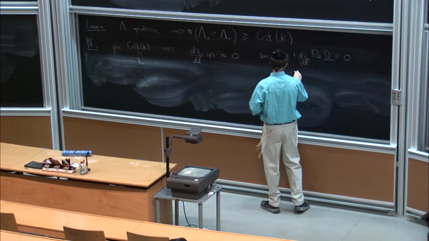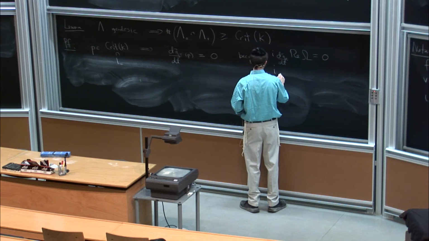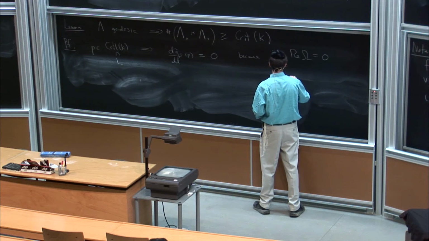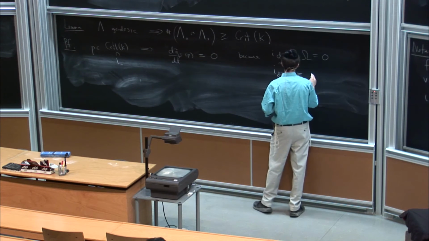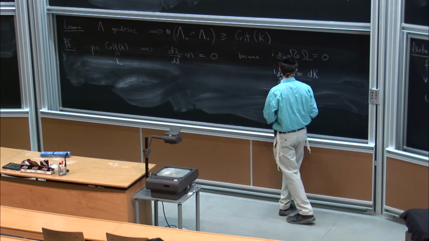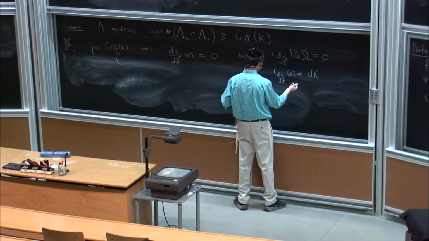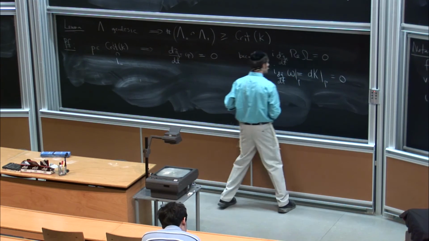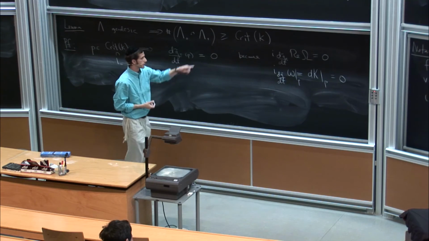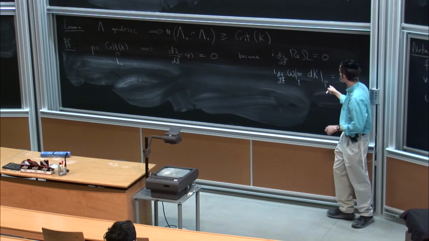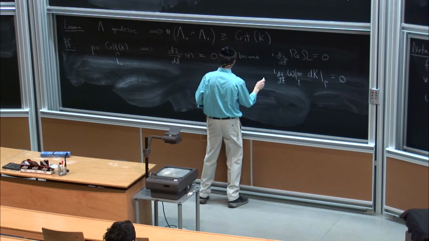And we also know that when I contract dg tilde/dt with omega, I get dk, and if I evaluate that at p, that's going to be equal to 0. And we know that real omega is positive, and this says that the normal part of dg/dt vanishes.